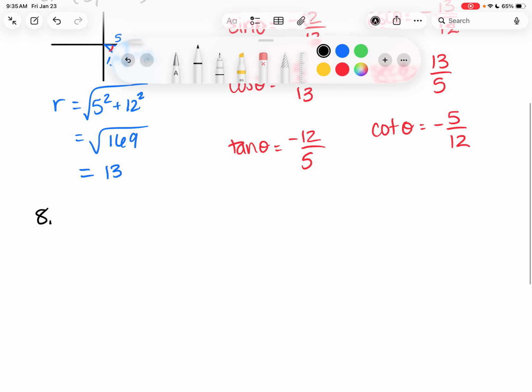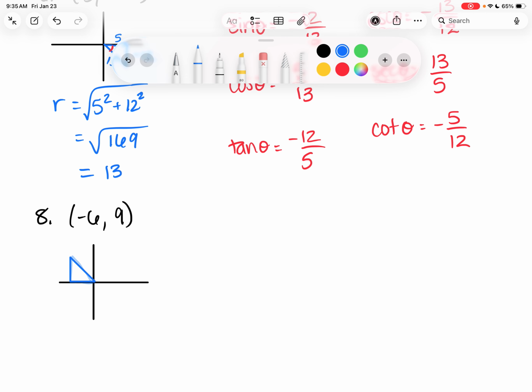All right, number 8. Negative 6, 9. So where is this one going to be? Yep, quadrant 2, we've got a negative x, positive y. So it's over here.